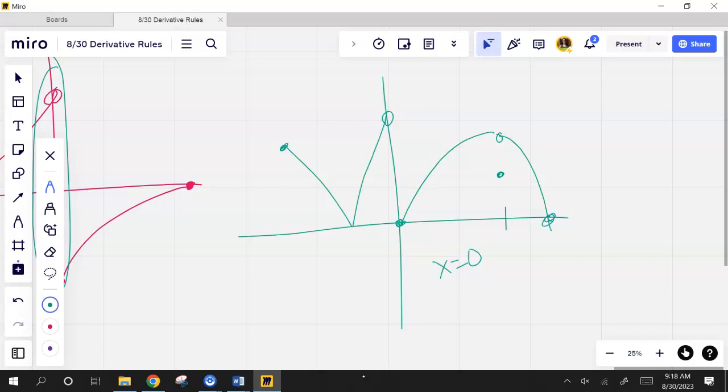And x equals, what is that? 2. That's not a discontinuity. That's not differentiable because it's a corner.